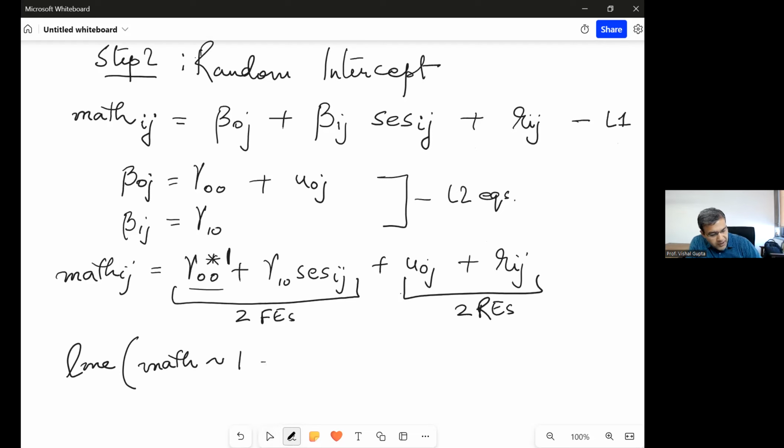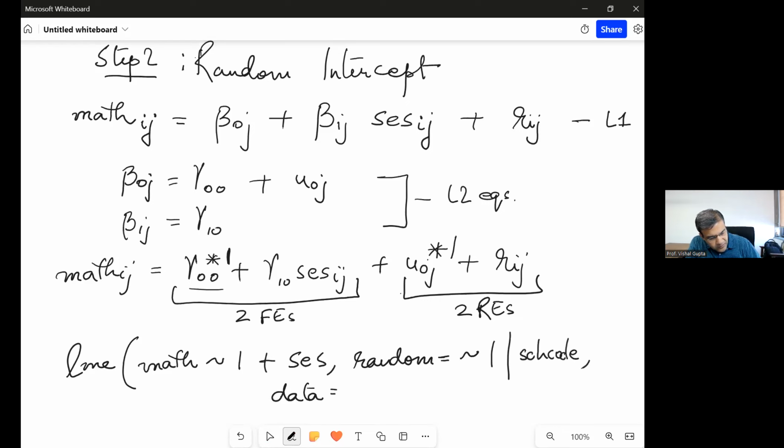And then random is equal to tilde 1, because u0j again is nothing but the coefficient of 1, and it varies per school code. And then data is equal to school.